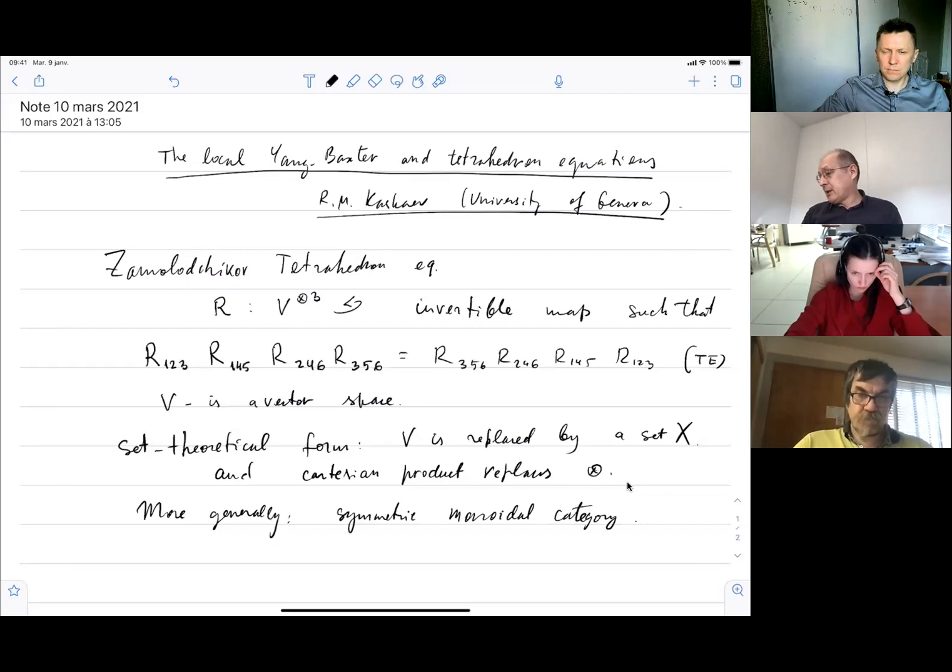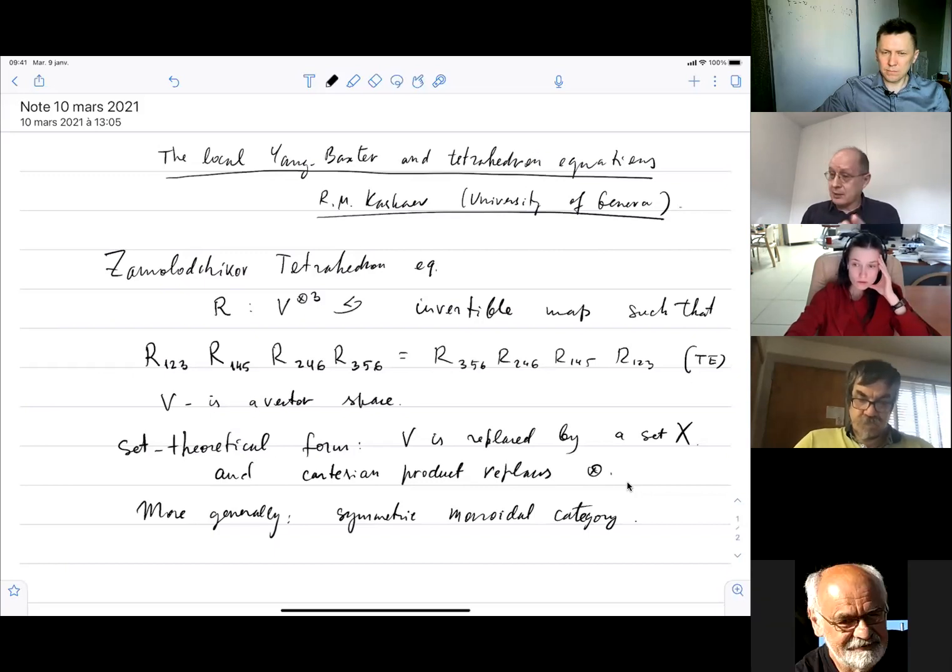But at least in the standard context it is the symmetric monoidal category of vector spaces with tensor product. In the set theoretical context it is the symmetric monoidal category of sets and maps. Symmetric means that we can permute the components in the product space.